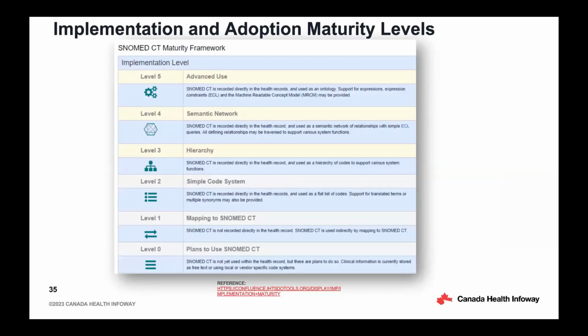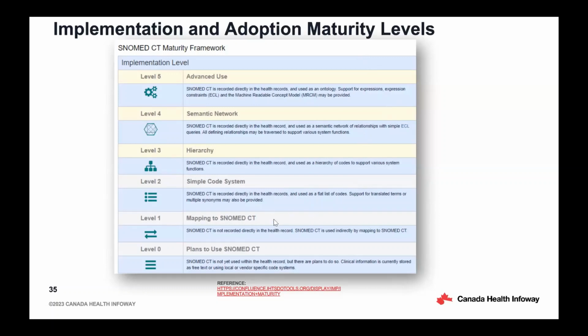The adoption level conveys a standard's approximate or average adoption level for a specific digital health solution. So in looking at this SNOMED-CT framework, we'll see each level provides for increased value from the use of SNOMED-CT. It can be used to assess the current maturity level of a SNOMED-CT implementation or to help plan for higher maturity levels, which provides additional benefits.